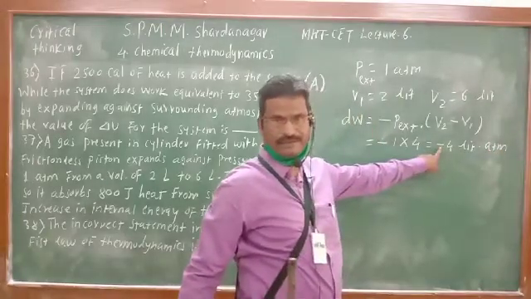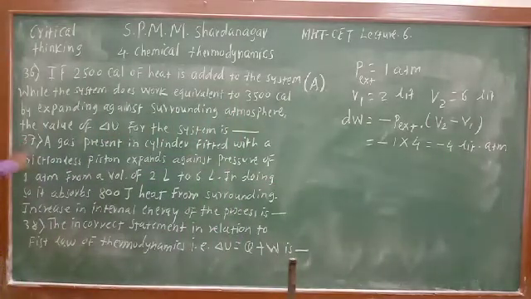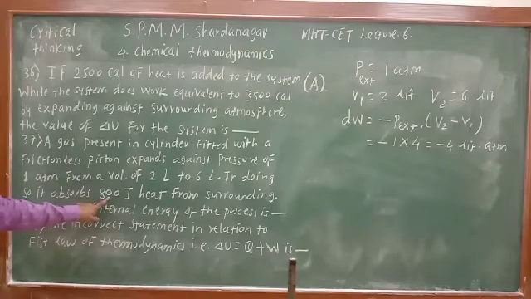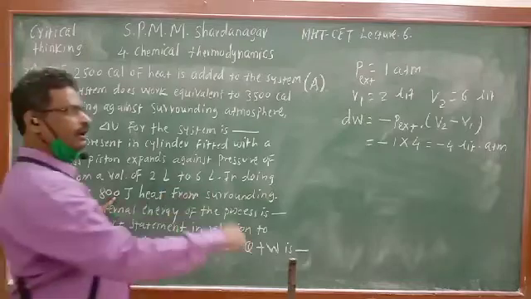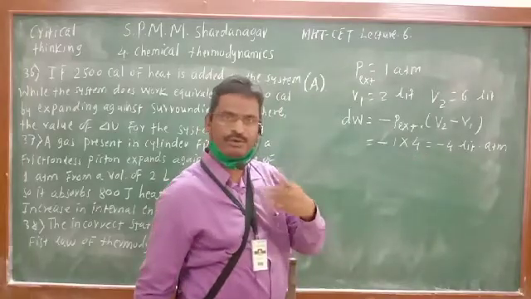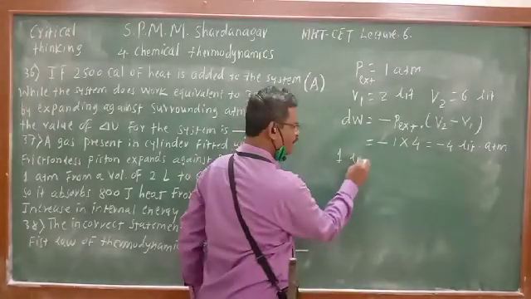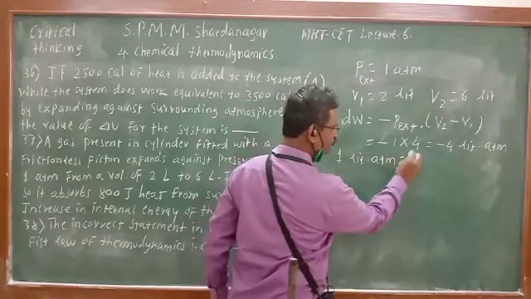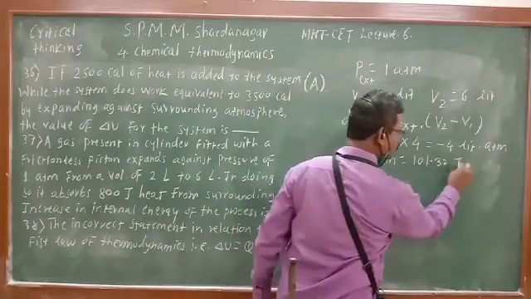Minus 4 liter atmosphere. But see here, question number 37. It absorbs 800 joule of heat, and we have to calculate the increase in internal energy. Heat is given in joule, and work we are getting in liter atmosphere. So this liter atmosphere should be converted to joule. Therefore, we know 1 liter atmosphere will be equal to how many joules? 101.32 joule.